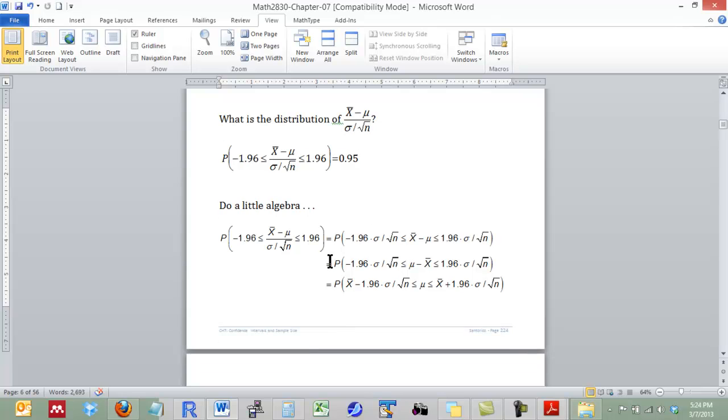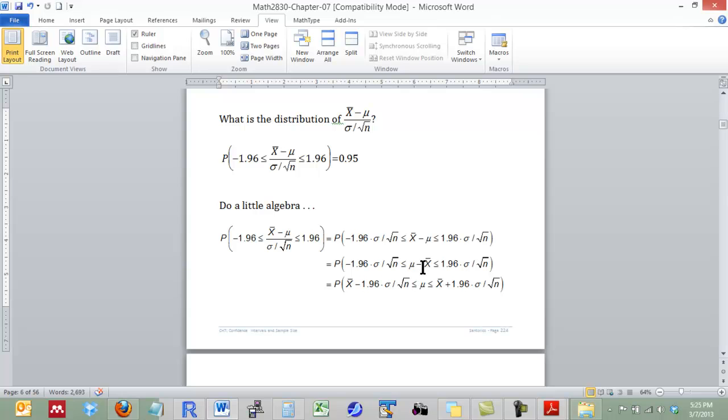And what that lets us do is make the statement about the probability of this z being in between these values. Okay, so I can work through a little algebra. I'm multiplying by sigma over root n all the way through. Then I reverse it by a negative, so I multiplied through, and some things flip.